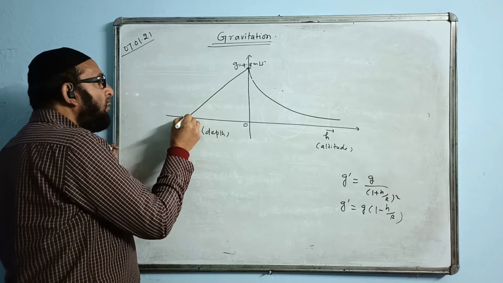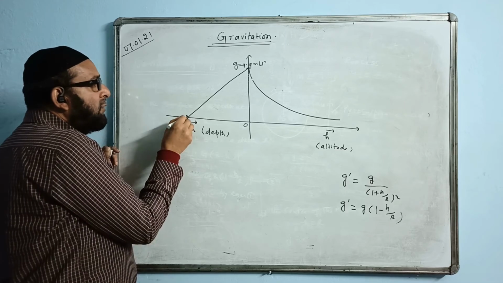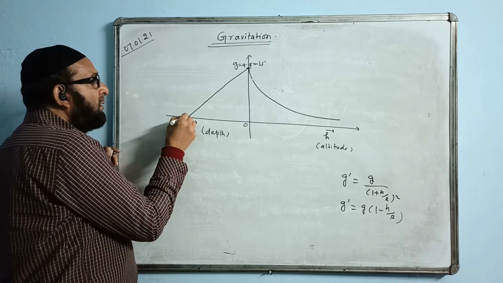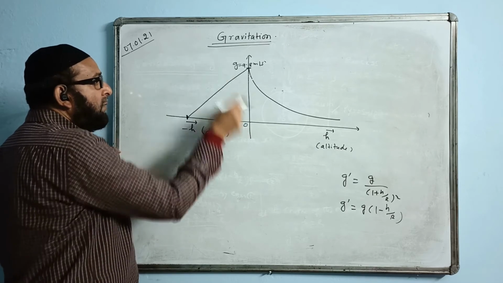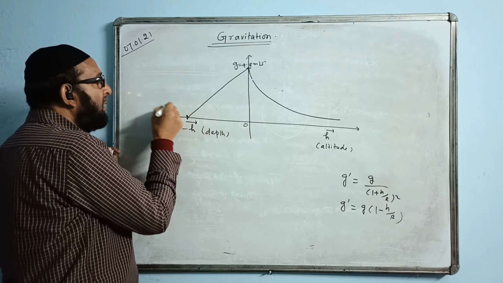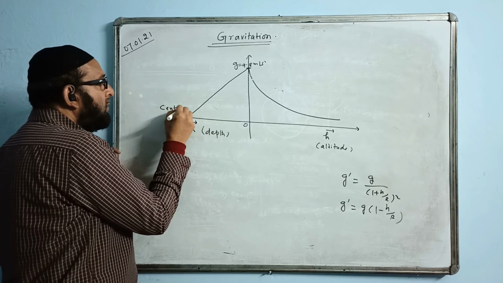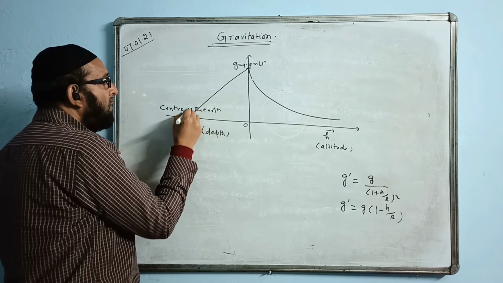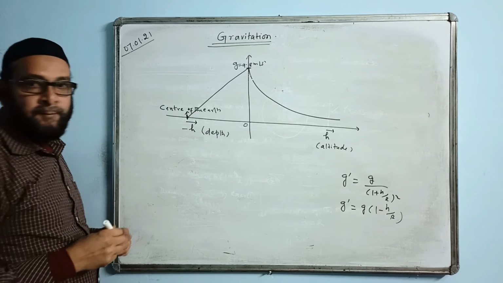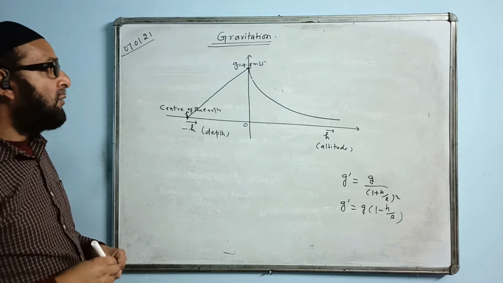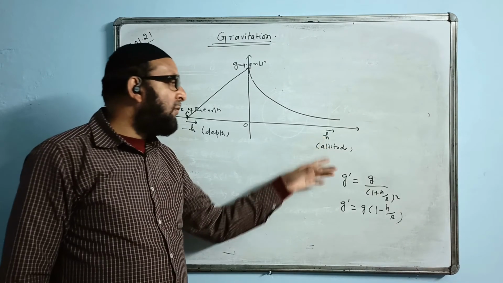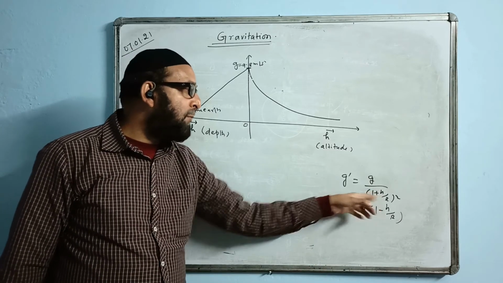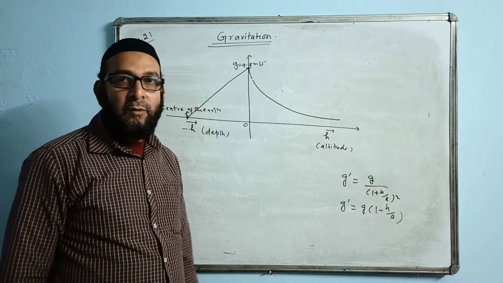And it becomes 0. Where does it become 0? At the center of the earth. This point is the center of the earth, where the value of g is becoming 0. But with height, the value of g will never become 0, because this is a positive quadratic expression and can never come to 0.